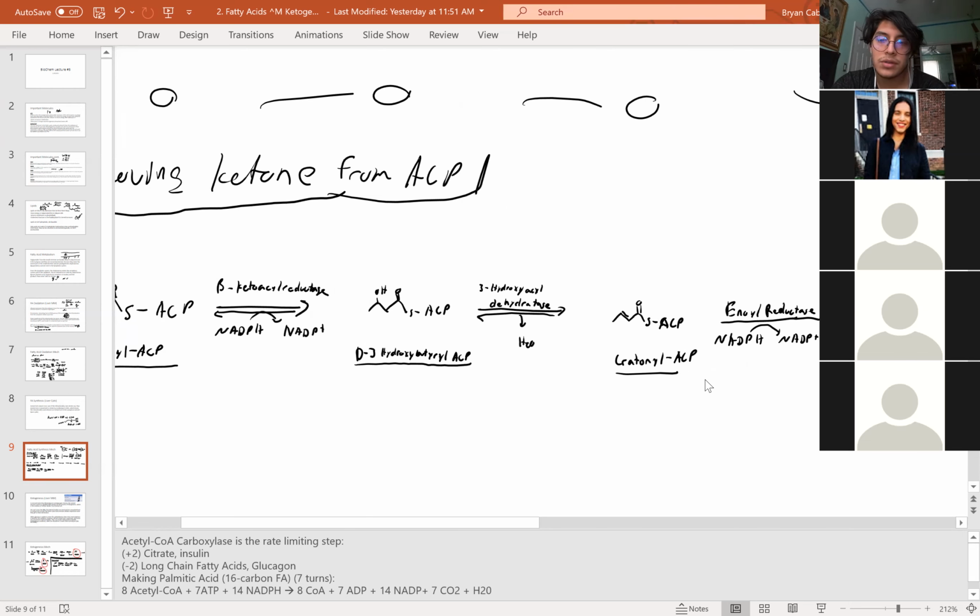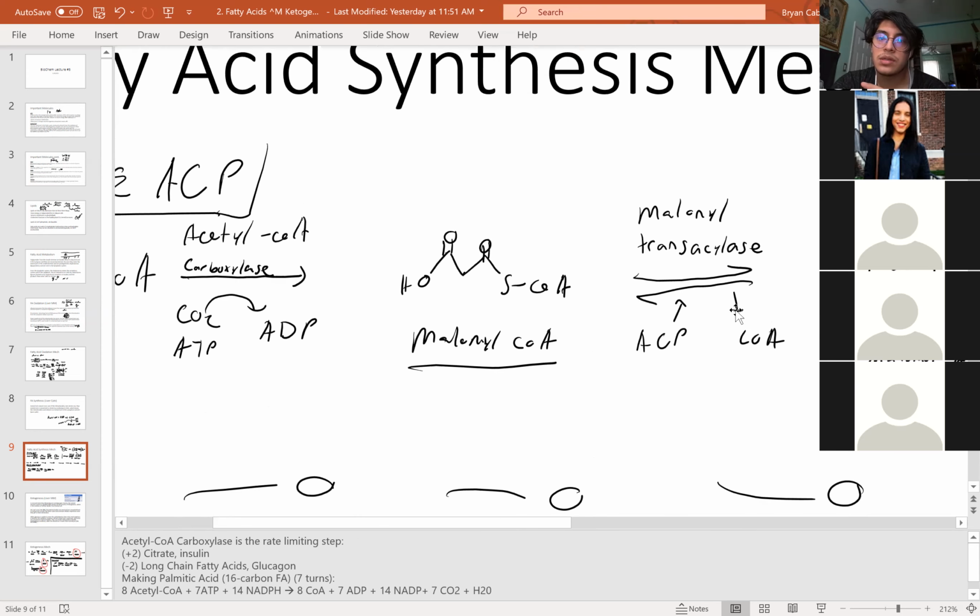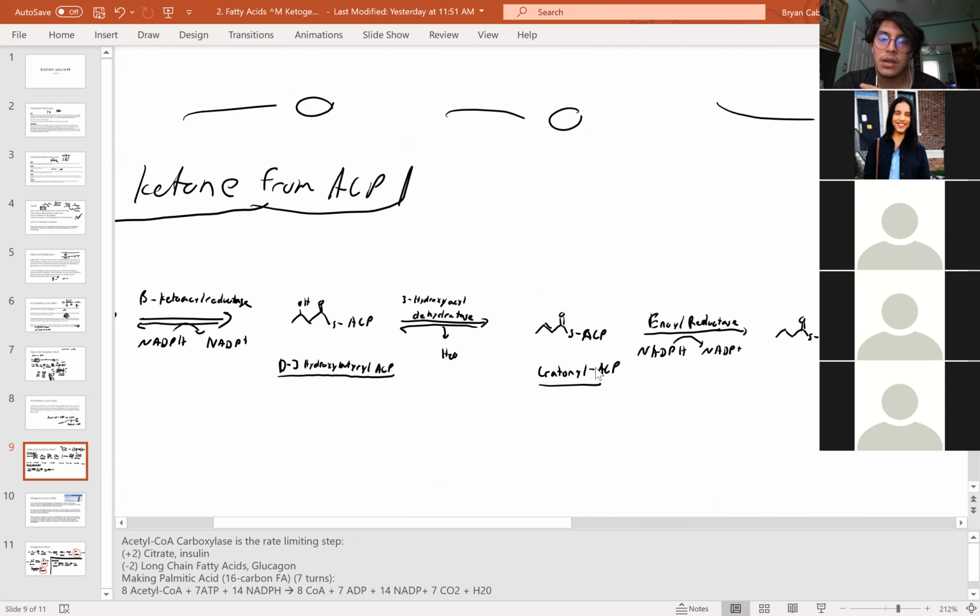This is called a crotonyl ACP. Just remember that the ACP is just this structure right here. I'm just abbreviating it here for the sake of space. And then you're going to be using your enoyl reductase to reduce this double bond with your NADPH, producing NADP+ at the end.